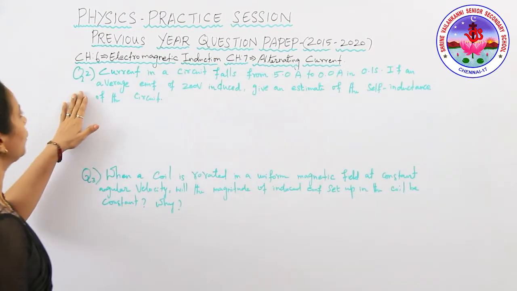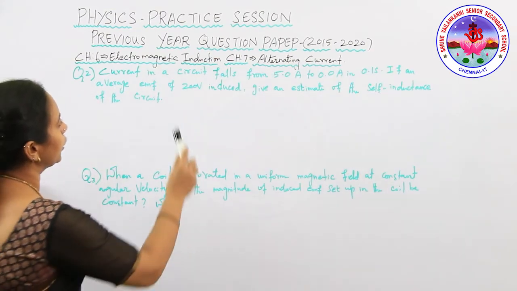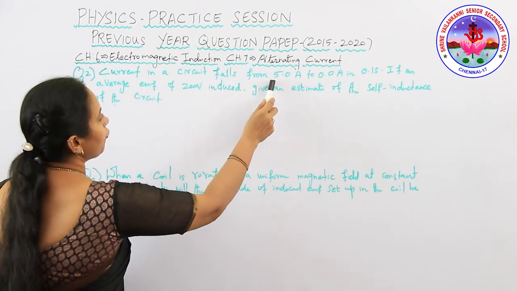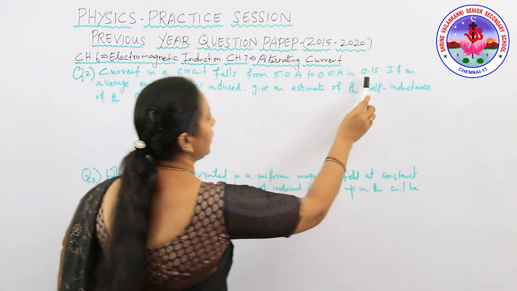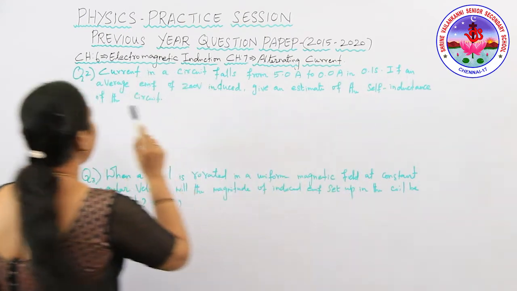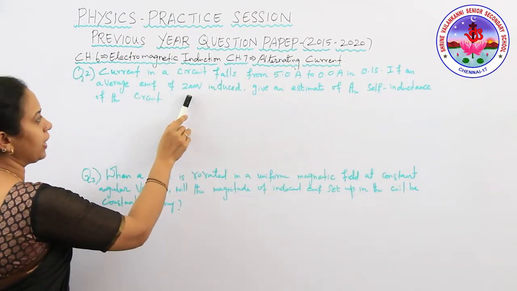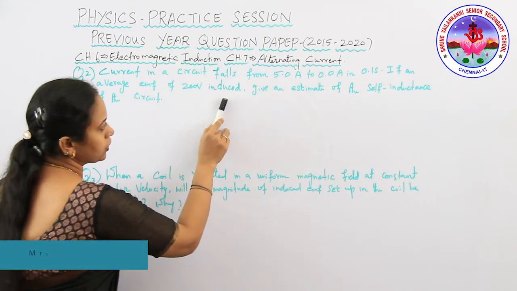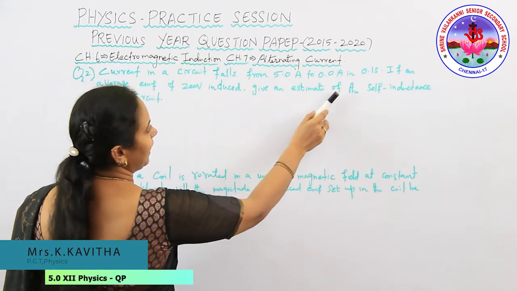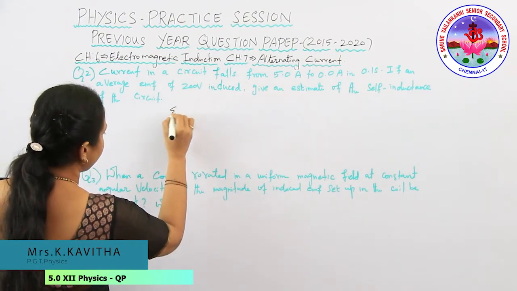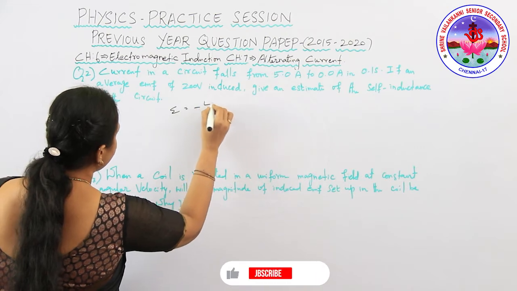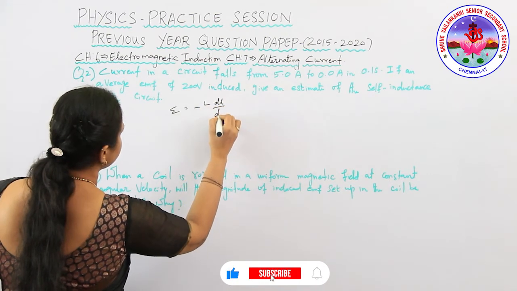So, question number 2, current in a circuit falls from 5.0 to 0.8 ampere in 0.1 second. If an average EMF of 200 volt is induced, then give an estimate of the self-inductance of the circuit. For this, the base formula is E equals minus L into dI by dt.